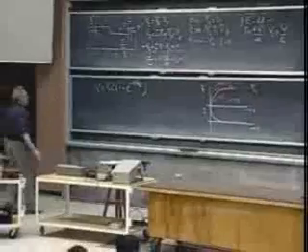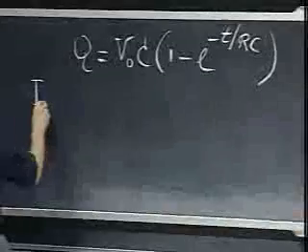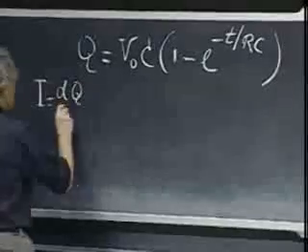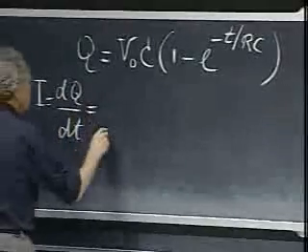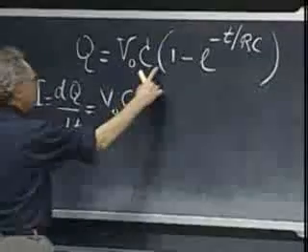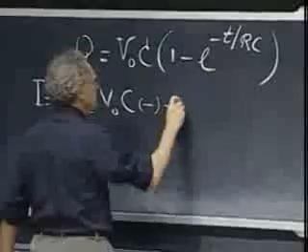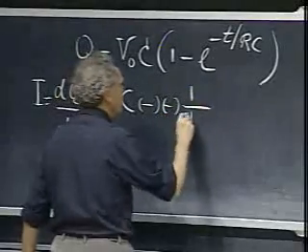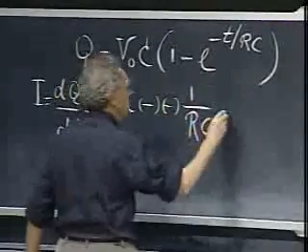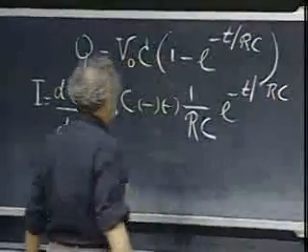If I take the derivative of this Q, then I have I, because I is dq/dt. So I, which is dq/dt, then becomes V0 times C. I get a minus sign, I get another minus sign, then I get 1 over RC, and then I get e to the minus t divided by RC.